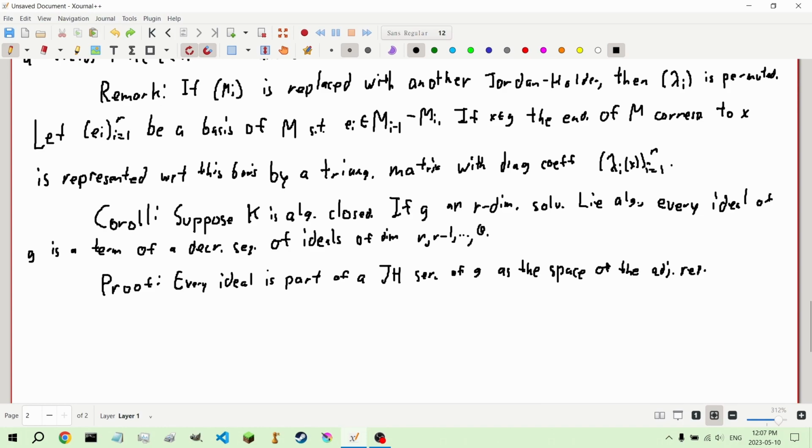Corollary 4 here states: suppose our field is just the reals. Let G be a solvable Lie algebra.